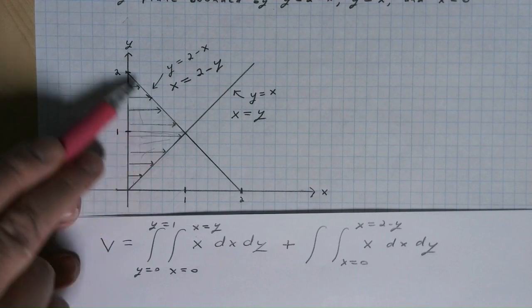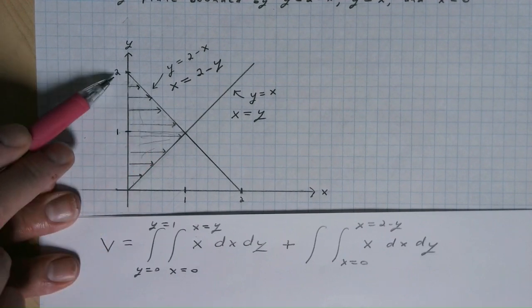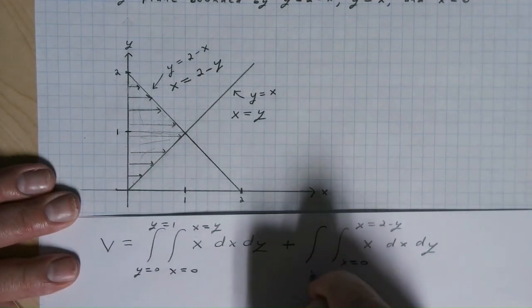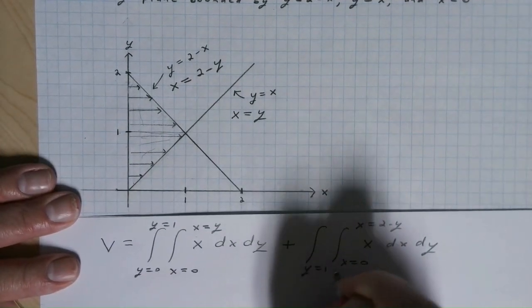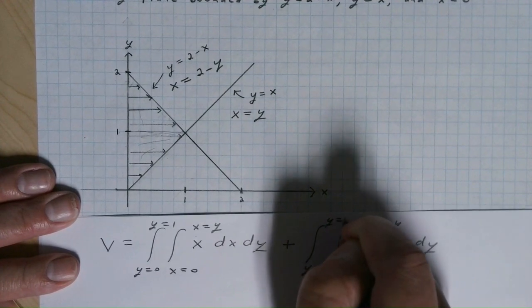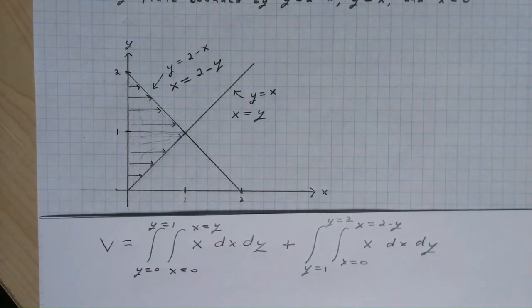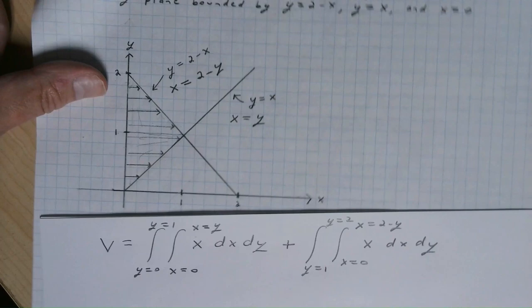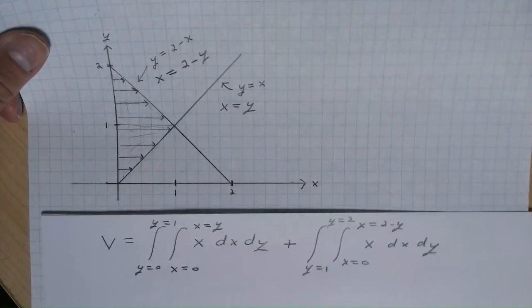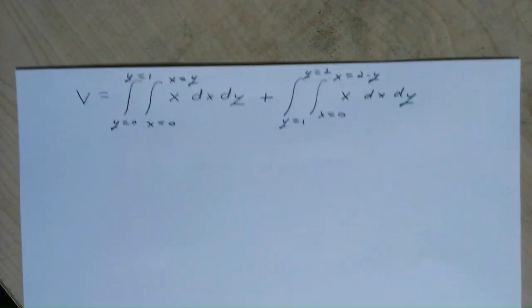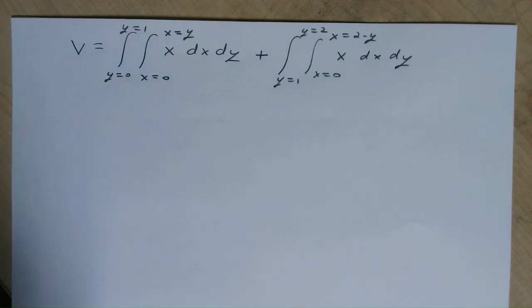So if we look at this upper triangle, the values of y are covered from y equal 1 to y equal 2. Like this. And so now we have set up the integral. Now it's just a matter of doing the integration.